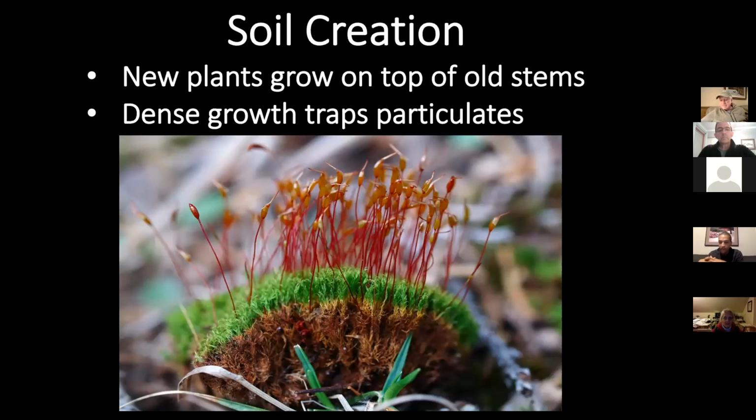So remember earlier I said that mosses can't conduct water very far, they can only move water a short distance. So when an individual moss plant gets to a certain height, it can't move water further up anymore. But if it wants to keep growing, it has to keep going up.